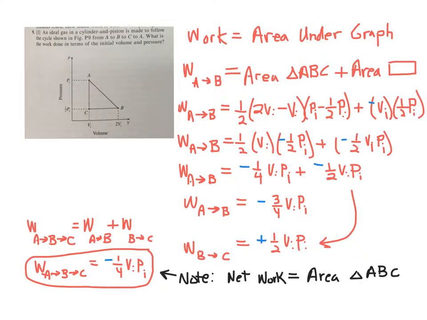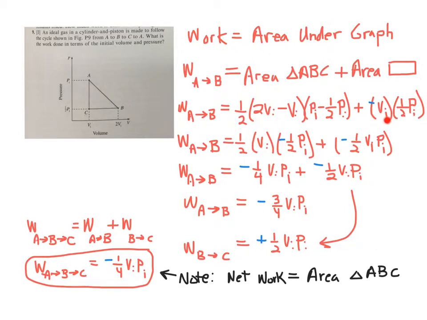And then the rectangle is just the base going back over here to the right. It's the length of the base, which is just v sub I, because 2v sub I minus v sub I is 1v sub I. Once again, I'm making it a negative because all that area together is a negative area as the gas expands.